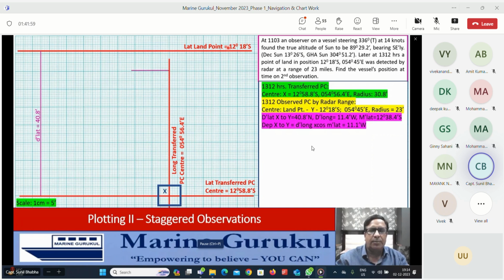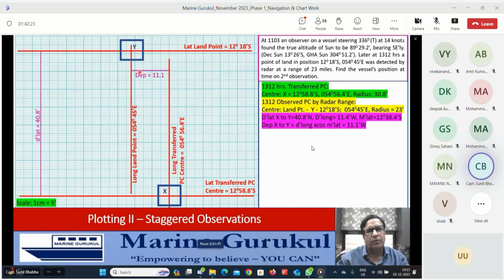Likewise, we can mark off the departure from X to Y and get the longitude of point Y, and obviously where it intersects here is the point Y, and this point Y is going to be the center of the position circle, which is by radar range.